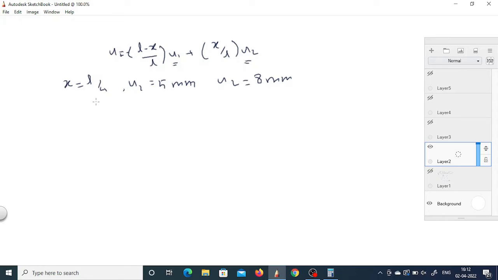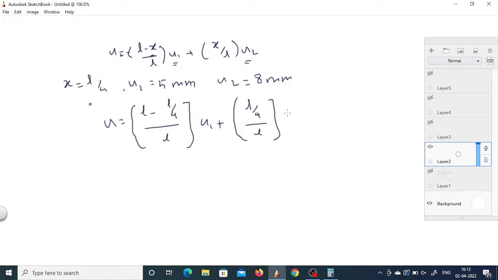Now I can substitute the x value in the considered formula. So u is equal to (L minus L by 4) divided by L into u1 plus, for x, (L by 4) divided by L into 8.